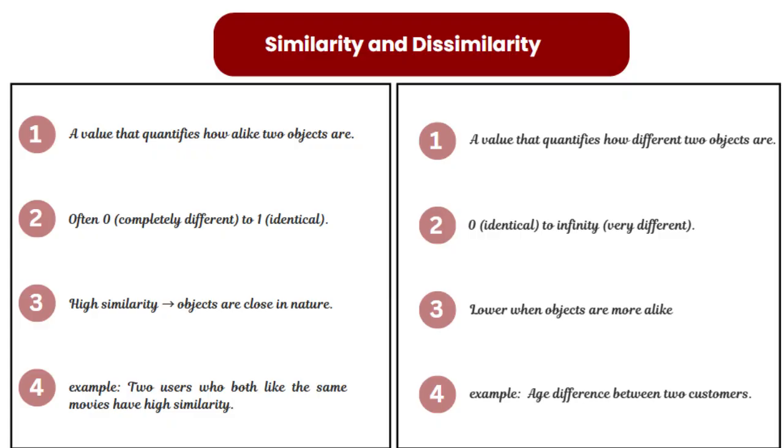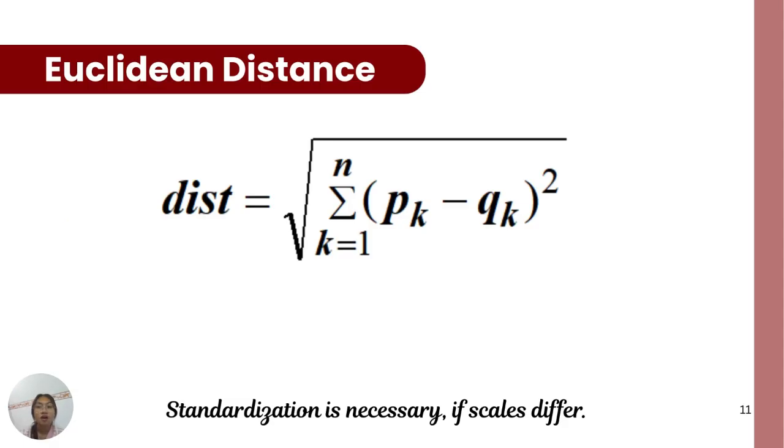And this is Euclidean distance. It's a measure of how far apart two points are in n-dimensional space. This is the formula of Euclidean distance, where n is the number of dimensions, like attributes or features, and Pk and Qk are the k-th components, or features, of objects P and Q. In this case, standardization is necessary if scales differ, which means that if the features have different units or scales, one feature can dominate the distance.